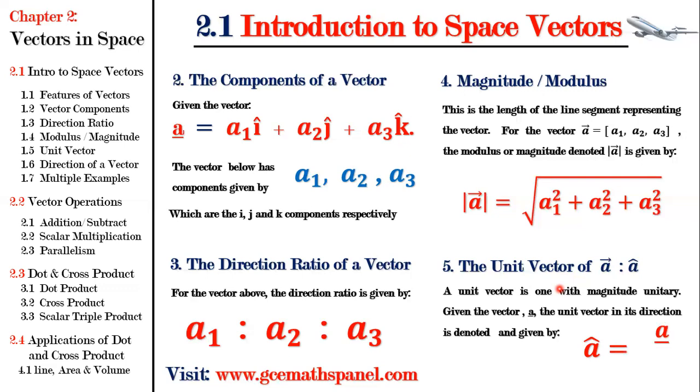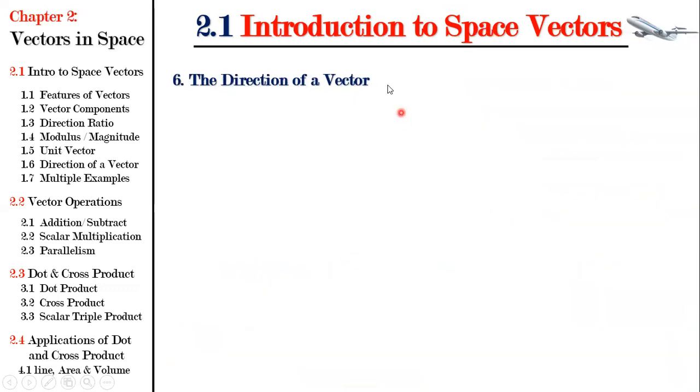That is A over the modulus of A. A over the modulus of A will give us a unit vector in the direction of A. Most of the time they'll ask us to look for a unit vector in the direction of a vector, and we do that by looking for A divided by the modulus of A. We're going to take some examples at the end.